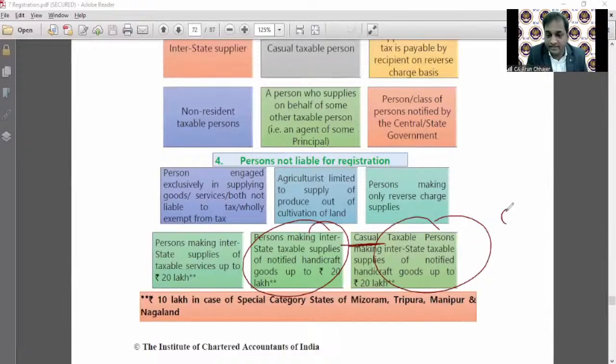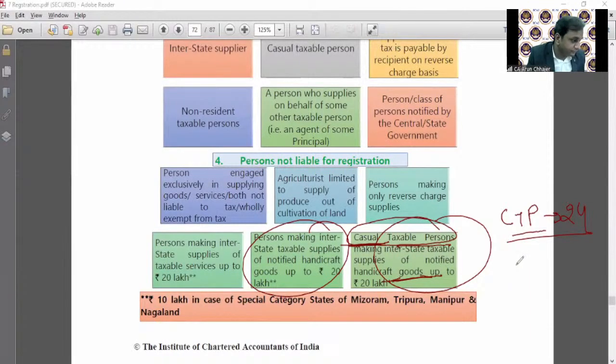The reason is that, see, casual taxable person is covered in section 24. So normally if I use the word casual taxable person, what do you say? Sir, mandatory registration. Here there is one exception, that if he is providing handicraft goods up to rupees 20 lakh, then not required to take registration.